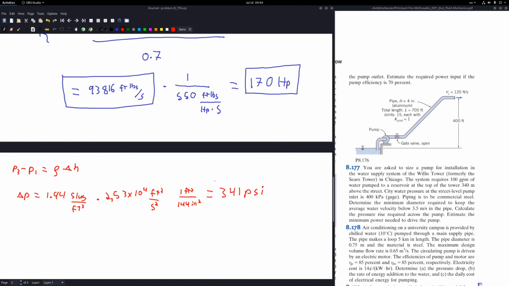And what we obtain here is that our variation in pressure is going to be 341 psi.